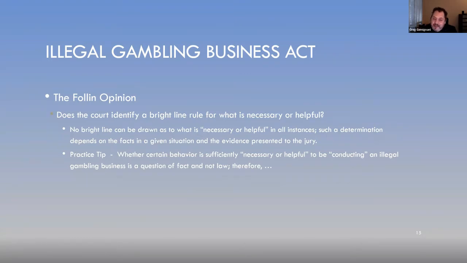So we get a nice, cleaner set of facts for the appeal, and the court just saying, if there's evidence that the person was providing anything necessary or helpful on a consistent basis, a jury can infer that that's conducting, and the court's okay with that, even if the person doesn't get paid. So that's a pretty broad net, when even the volunteers can be drawn in.